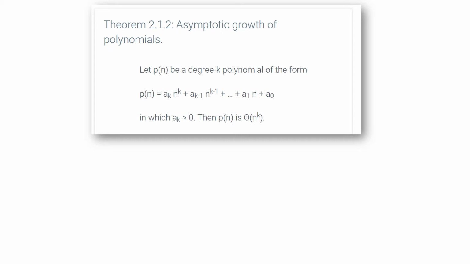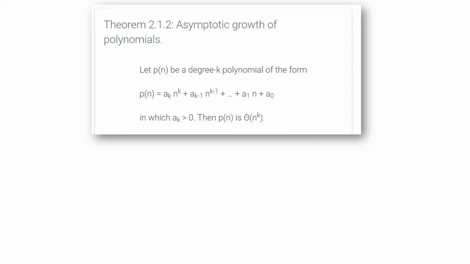But we also just learned that a polynomial of degree k is omega of n to the k. So, by definition, we would now be able to say that a polynomial of degree k is theta of n to the k.